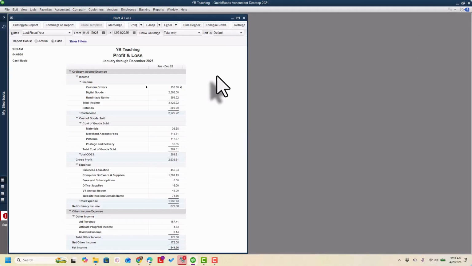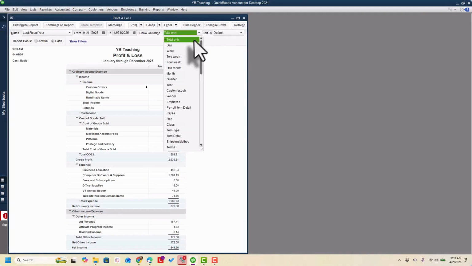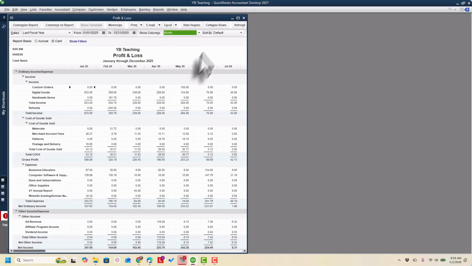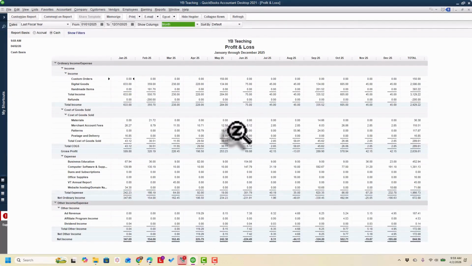Now, the profit and loss, usually when you pull it up, it's for the entire year. Okay. And that's kind of nice because once you have that main report up, most bookkeeping programs will let you change the display. So instead of showing just the total only, I could do this by month, which is super helpful.